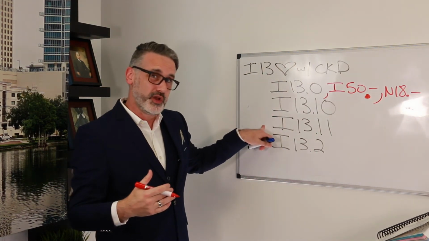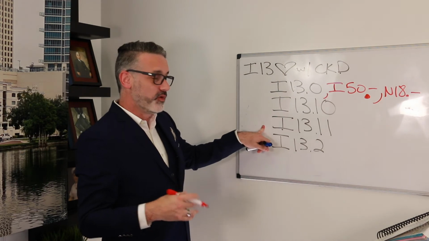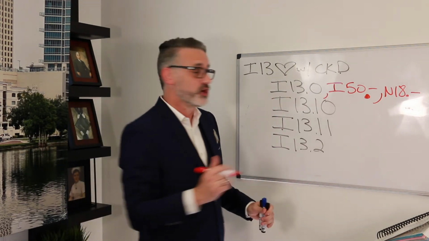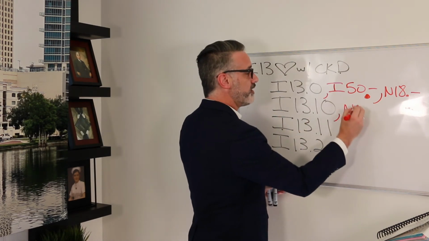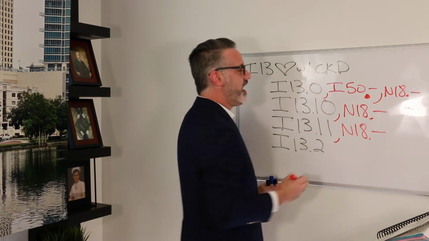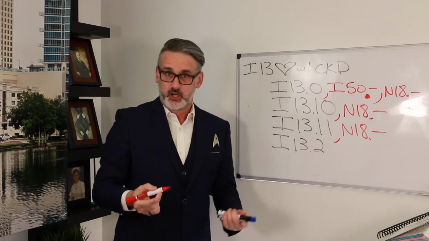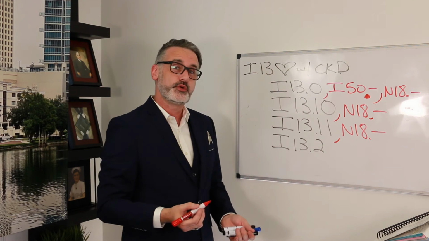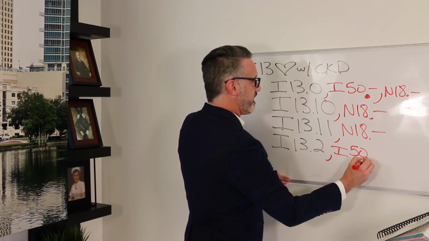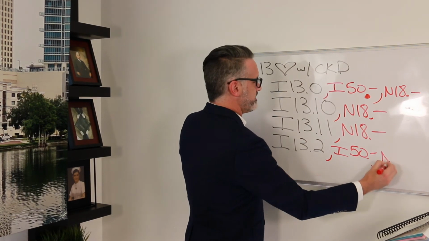I13.10 and I13.11, both of those are without heart failure. So no I50 code because no heart failure going on. But we still always need to have the additional code for the CKD. Then we go back to having heart failure and I13.2. We have heart failure going on and we have CKD going on.